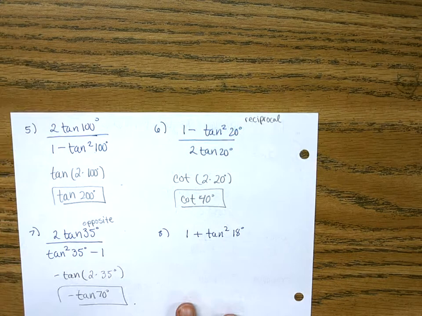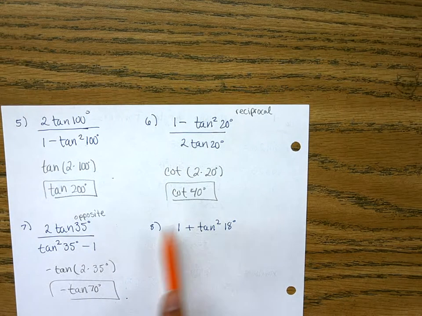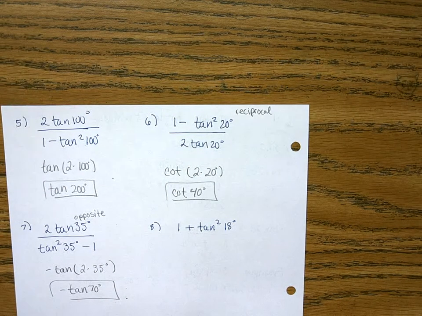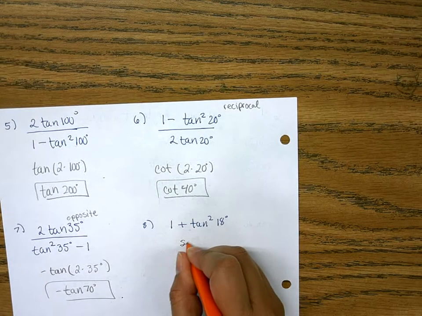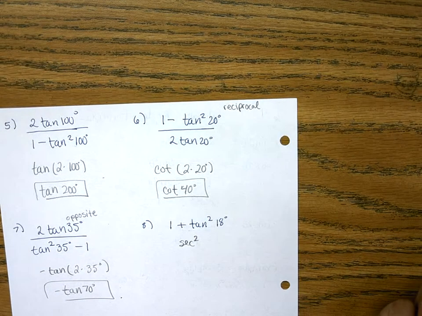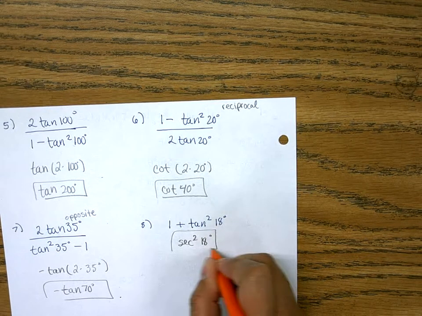And as I told you last unit, those formulas that we learned then we're still going to use on this test as well. So you do still have to memorize what 1 plus tangent squared is. And 1 plus tangent squared is secant squared, not secant double the angle, secant squared 18 degrees.